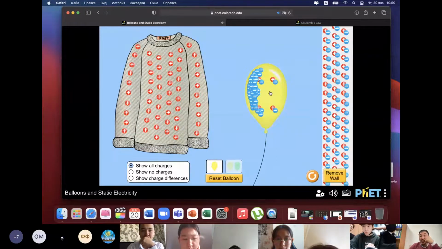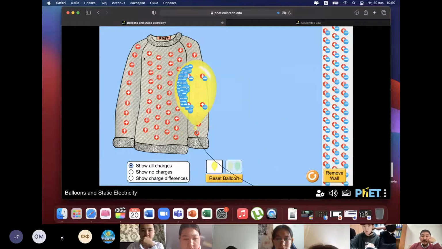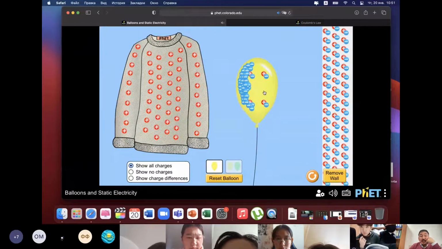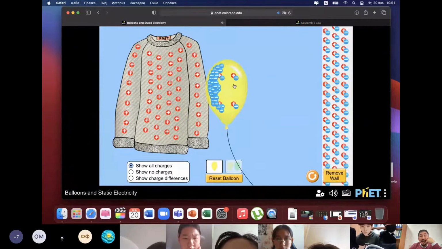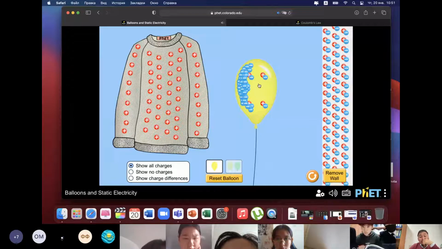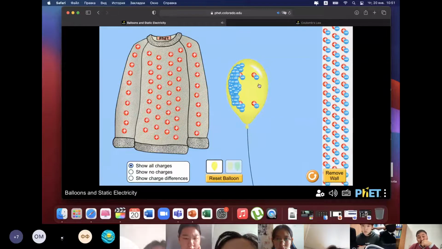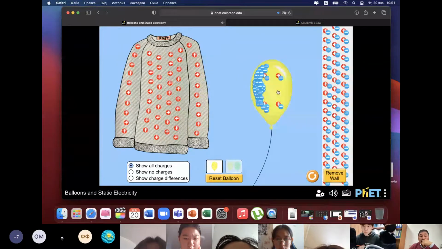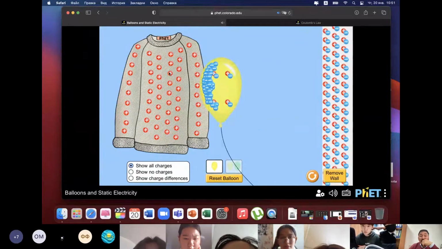Okay, and why does it attract to this one? Because Baujan said, what did he say? Unlike charges attract each other. Yes, Ibrahim, of course, since I have here negative charge and here the excess of positive charge, they will attract each other.